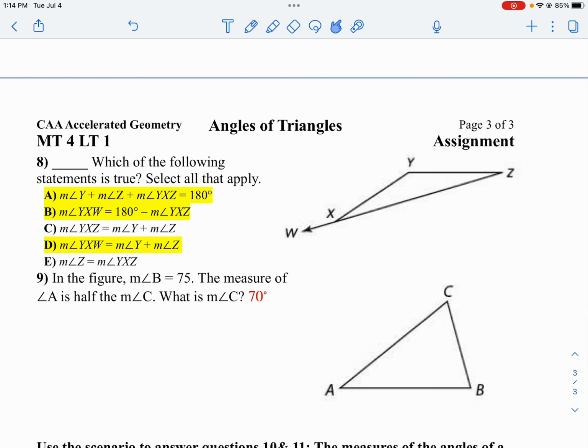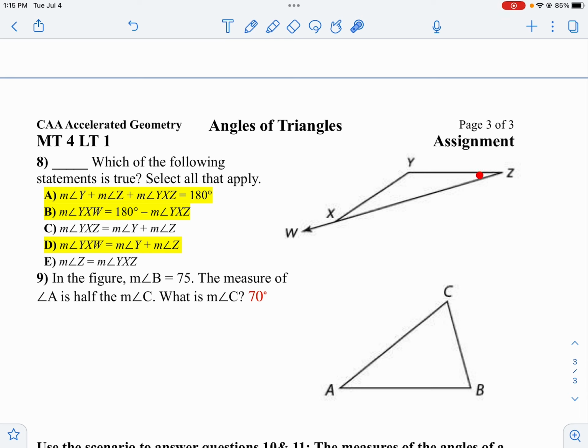On question number 8, which of the following statements are true? Let's start with the first one. Y plus z plus yxz equals 180. Yes, the sum of the interior angles is 180. Yxw, that would be 180 minus yxz. That's correct. Letter C, is yxz equal to y plus z?